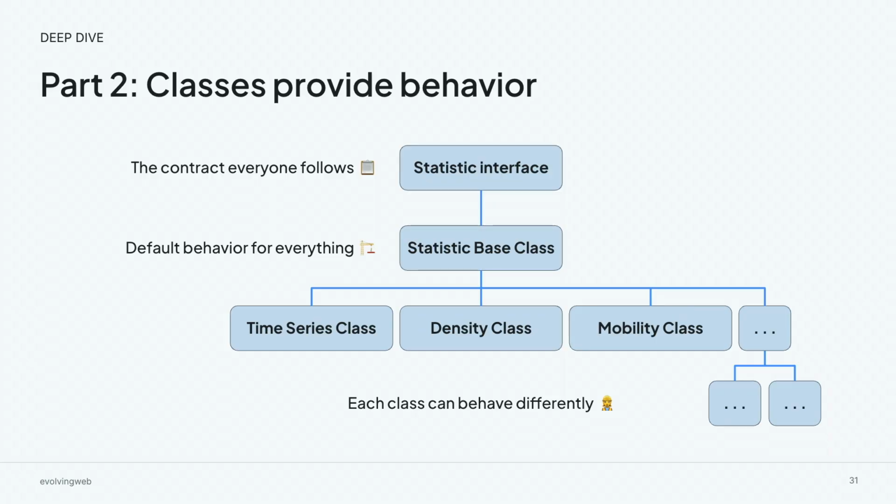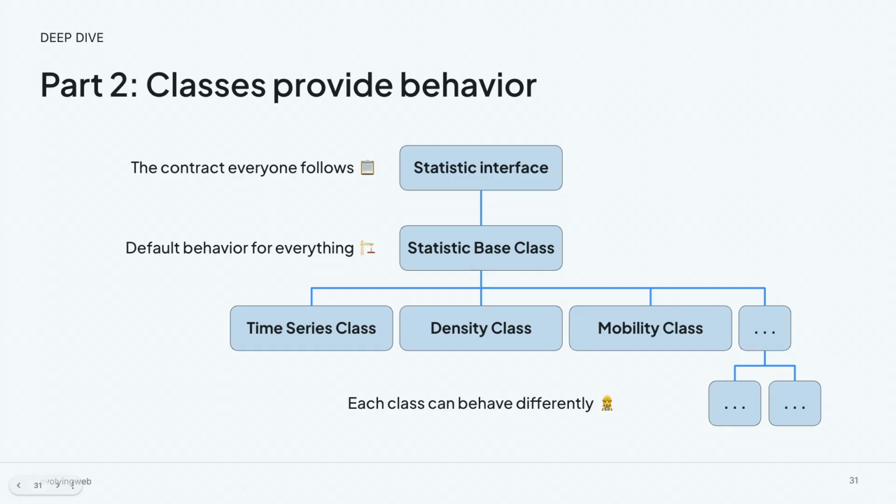Then you're going to have the base class, and then all of the specific classes we're going to need for our statistics. For example, time series class, density class, mobility class. All of those are going to inherit from the base class.